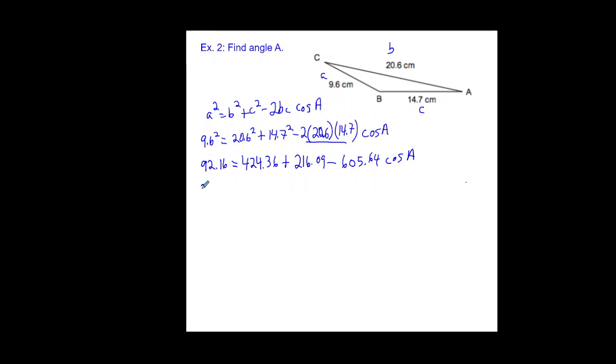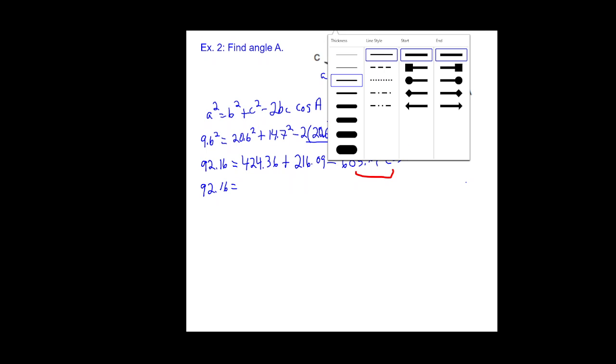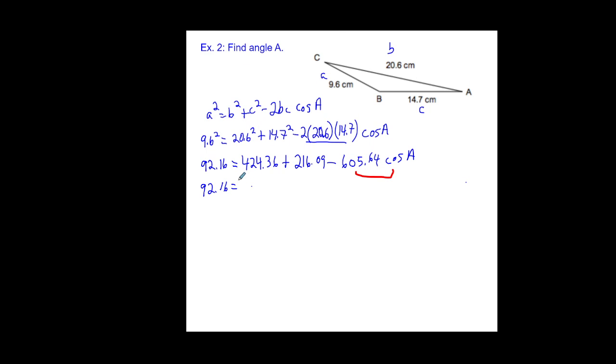Again, let's be careful of doing things in the right order, following order of operations. It's very tempting to want to just add and subtract all of these numbers here, except the multiplication on the right needs to take priority before we do that subtraction. We can, in the meantime, just go ahead and add these two values right here. 424.36 plus 216.09 will give us 640.45.